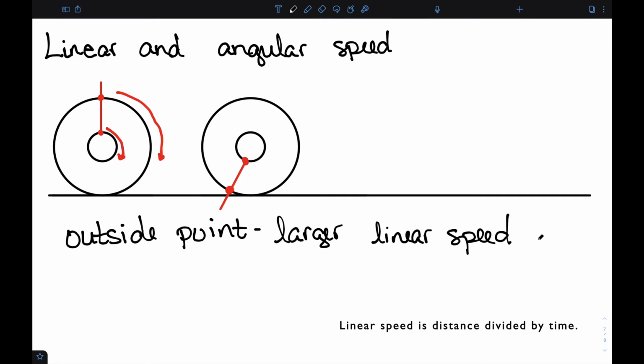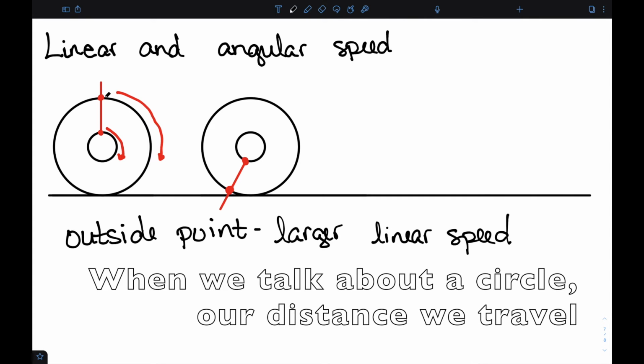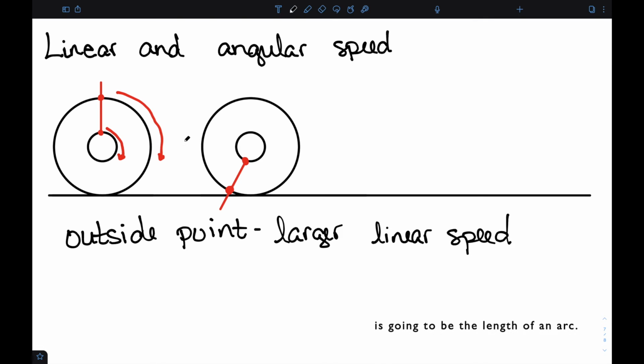So linear speed is distance divided by time. Things like miles per hour or kilometers per hour, meters per second, something like that. When we're talking about a circle, our distance that we travel is going to be the length of an arc.